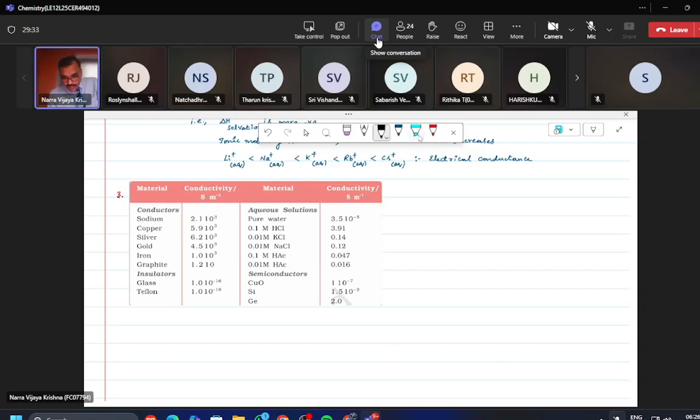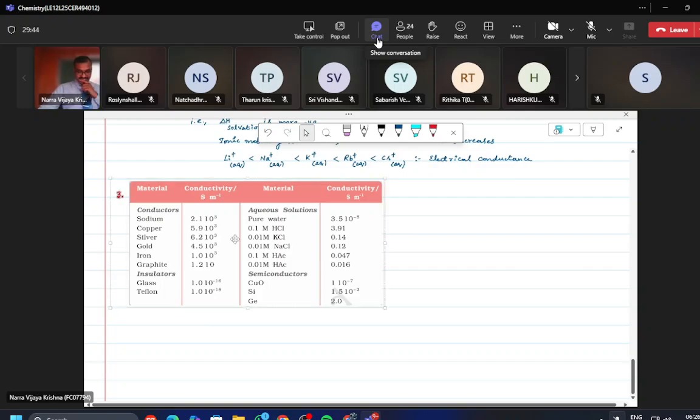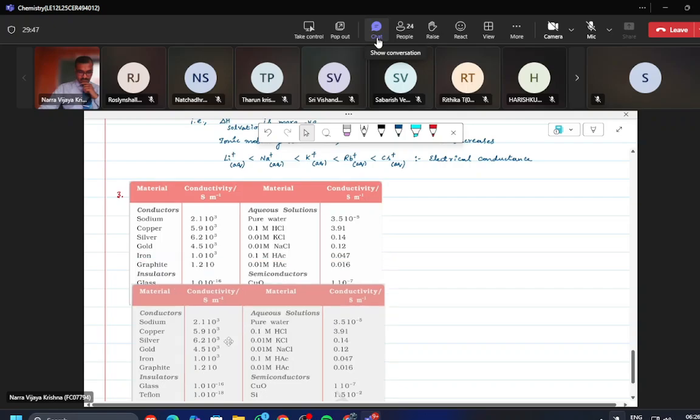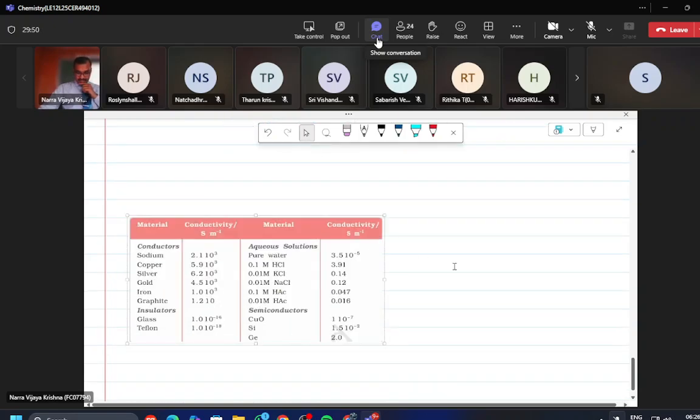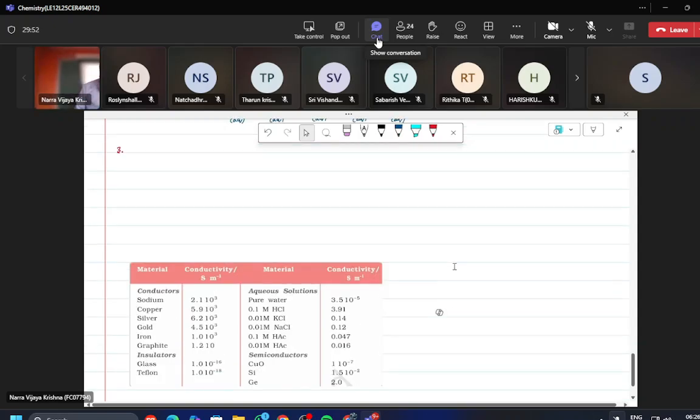So among metals, observe electrical conductance. These values are wrong, 10 cubes are missing. Okay, no issue. Siemens per meter means the kappa value. Among sodium, copper, silver, gold, iron, graphite, which has the highest value?